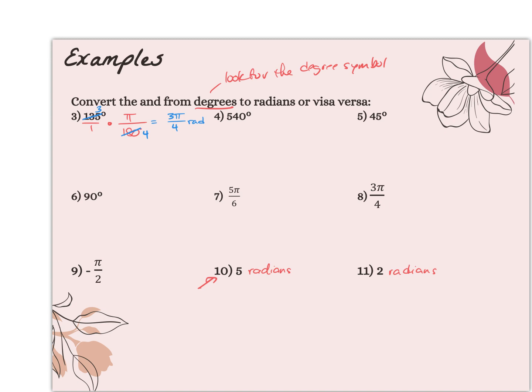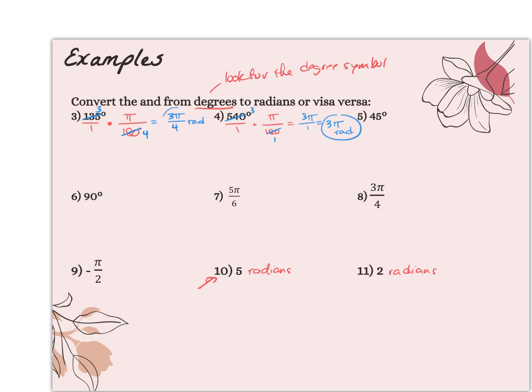Number 4, again, I see that this is a degree. So I'm going to multiply by pi over 180. And again, I like to simplify first. 180 goes into itself once. 180 goes into 540 3 times. So I get 3 times pi over 1, or 3 pi radians.